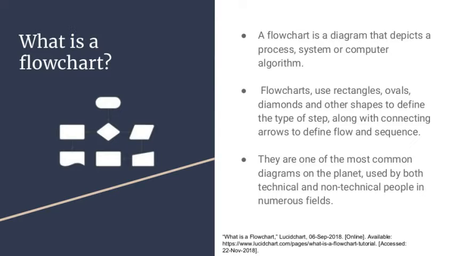They can range from simple hand-drawn charts to comprehensive computer-drawn diagrams depicting multiple steps and routes. If we consider all the various forms of flowcharts, they are one of the most common diagrams on the planet, used by both technical and non-technical people in numerous fields.